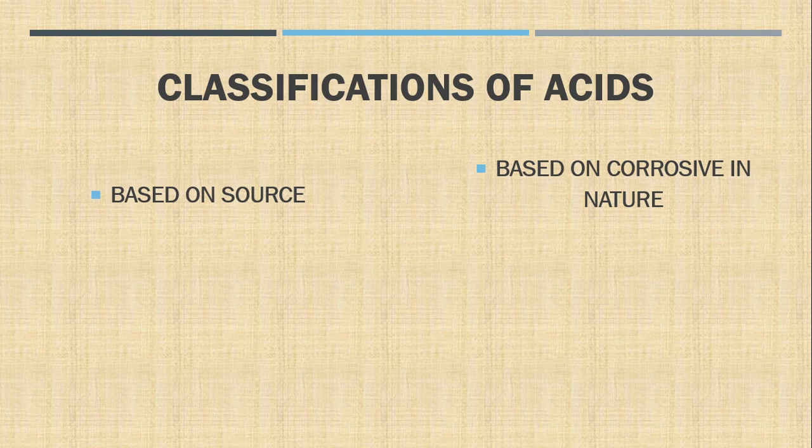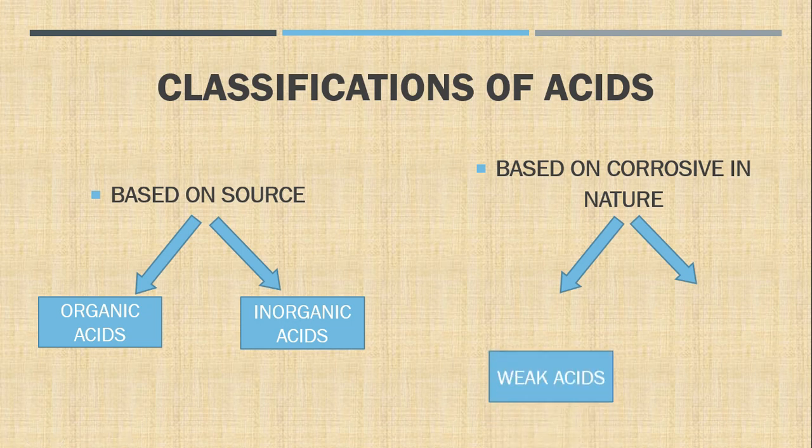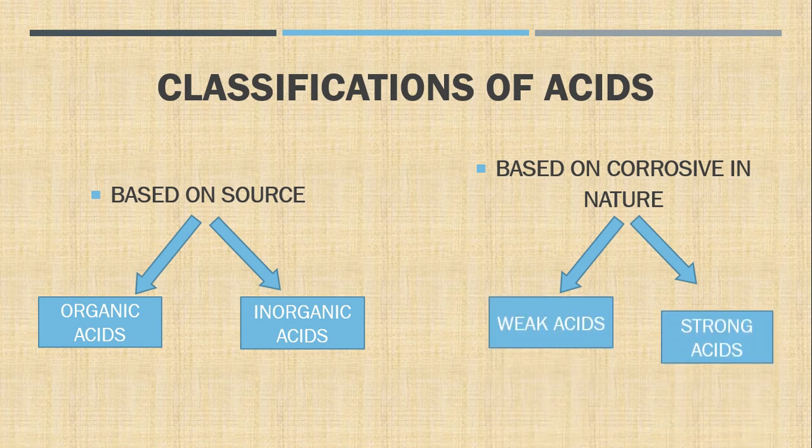If we classify based on source, we get organic acid and inorganic acid. And if we classify based on corrosive nature, we get two: weak acid and strong acid. Now let's go. What are those? The first classification is based on source.